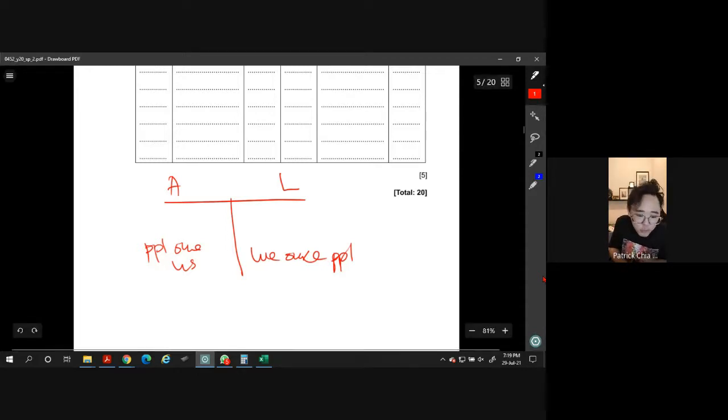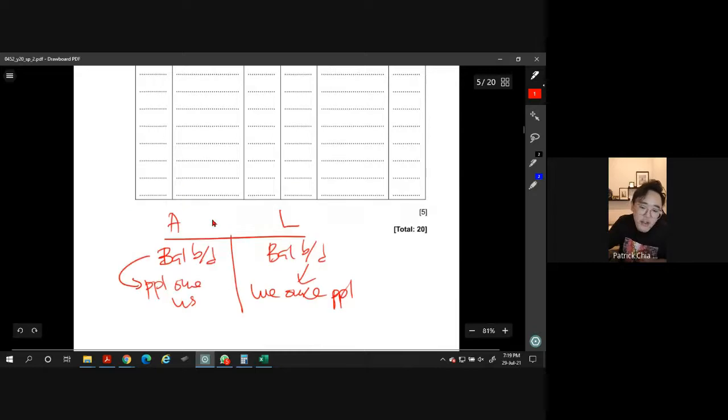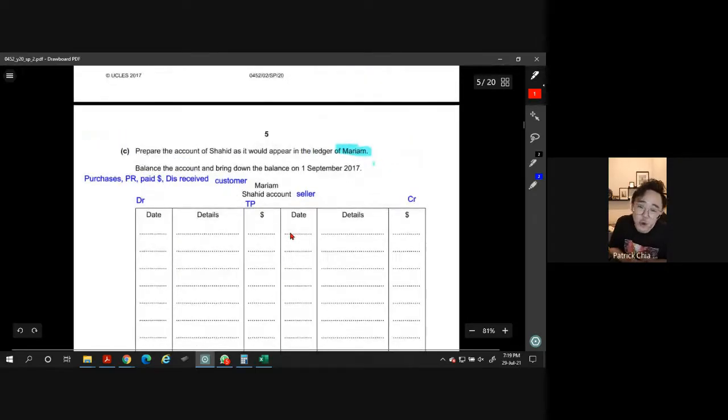We use the words balance BD. If the balance BD is on the left-hand side, it means people owe us. If the balance BD is on the right-hand side, that means we owe people. If you don't want to use this, you really have to make sure you don't flip your signs.